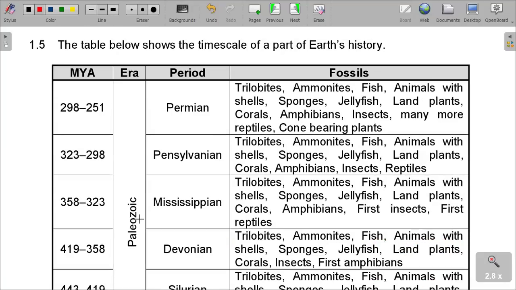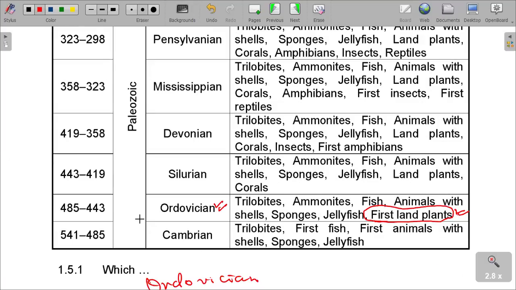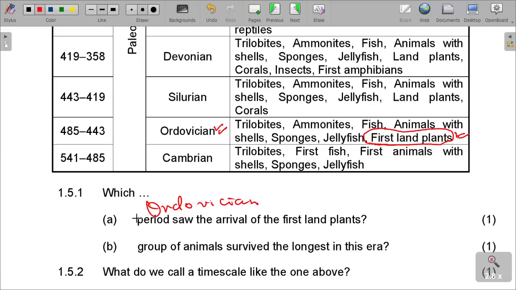You can see that we have got the trilobites, the ammonoids, the fish, and the animals with shells and sponges. So which group of animals survived the longest in this era?